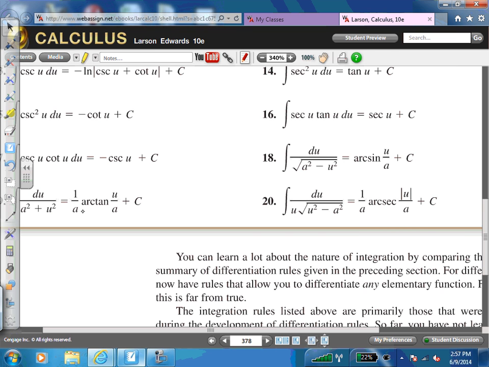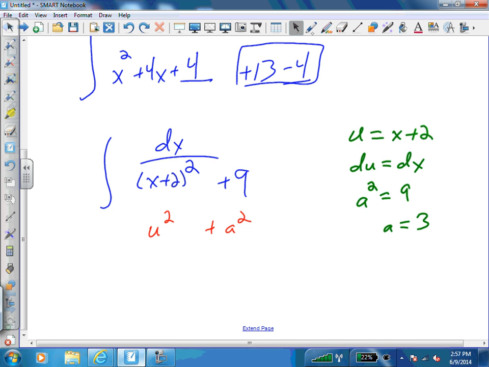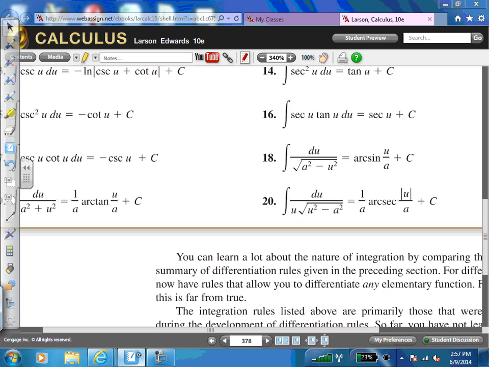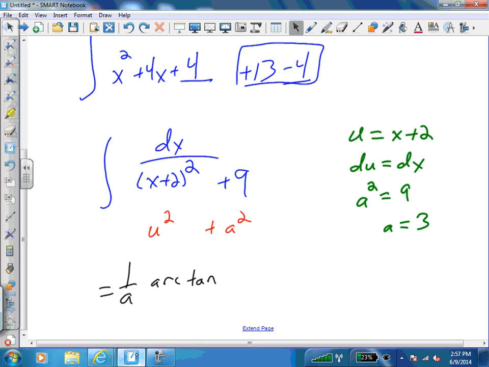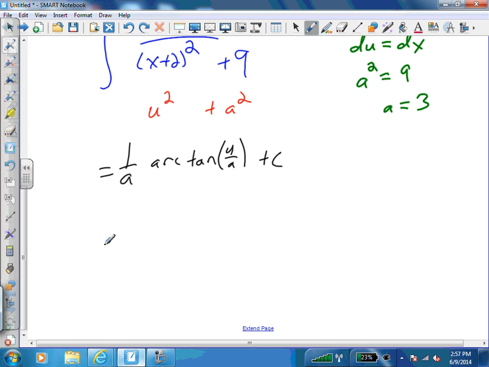But that integrates into 1 over a times arctangent of u over a plus c.